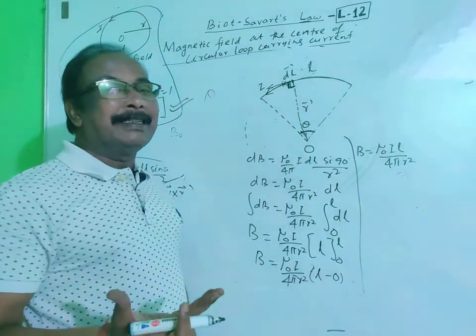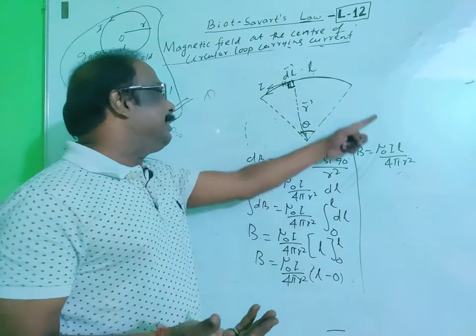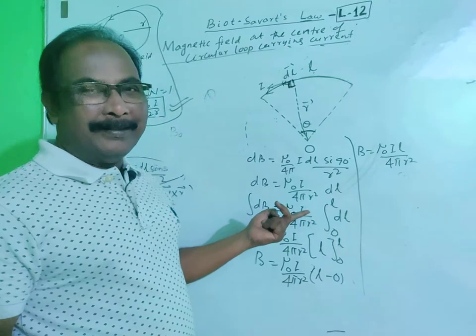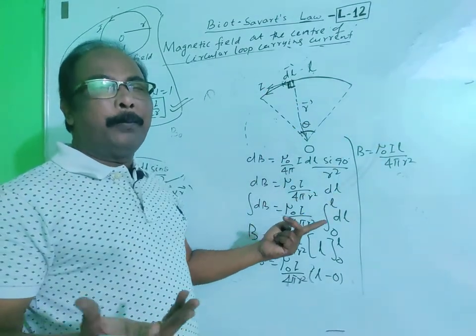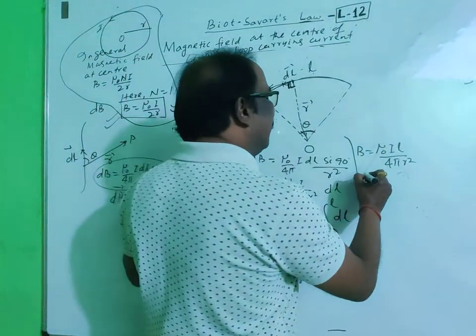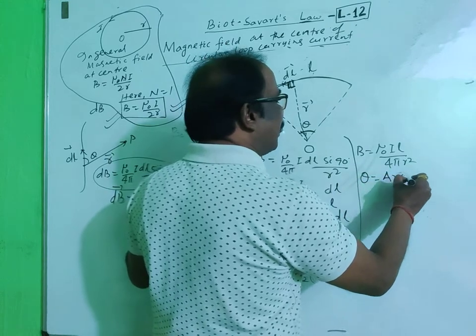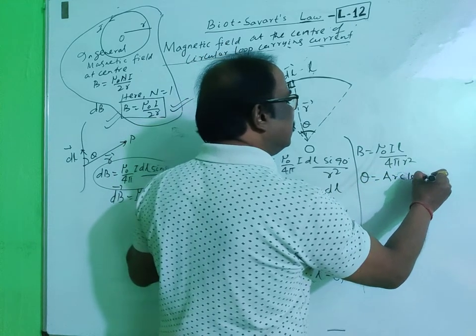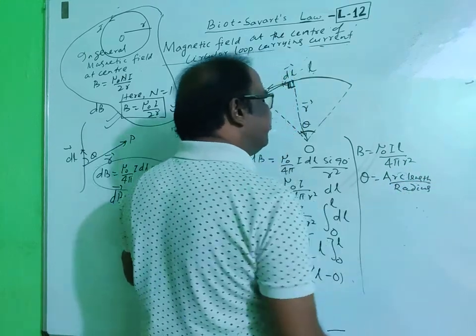So theta is given. How can you calculate magnetic field? If length of arc is given, then it's okay. Then how to find the magnetic field if theta is given? In general, theta is equal to arc length divided by radius. You know it.